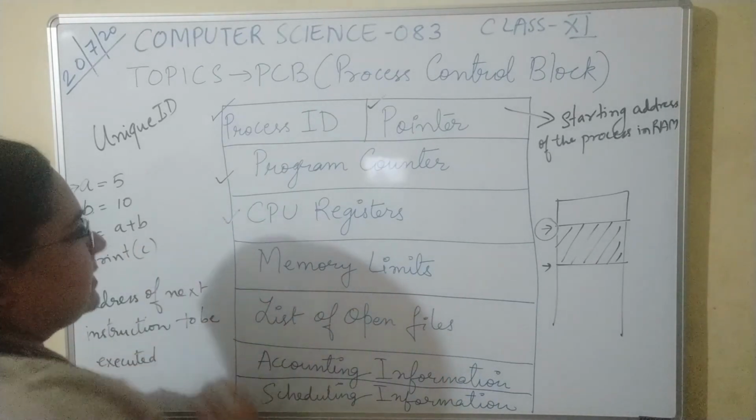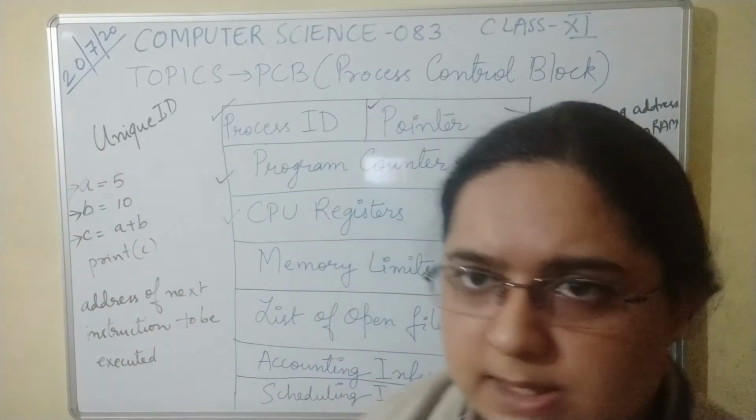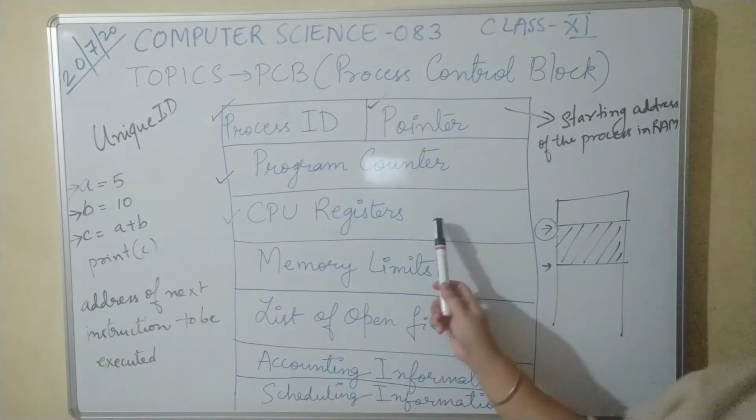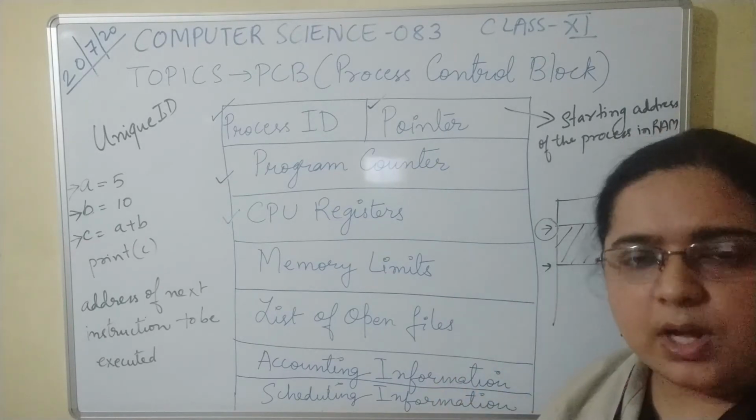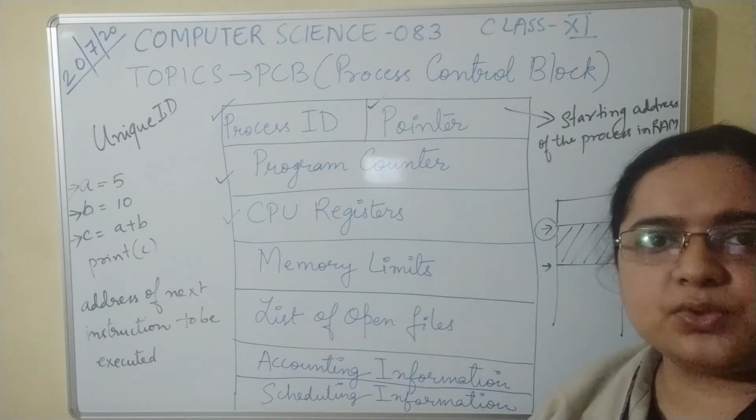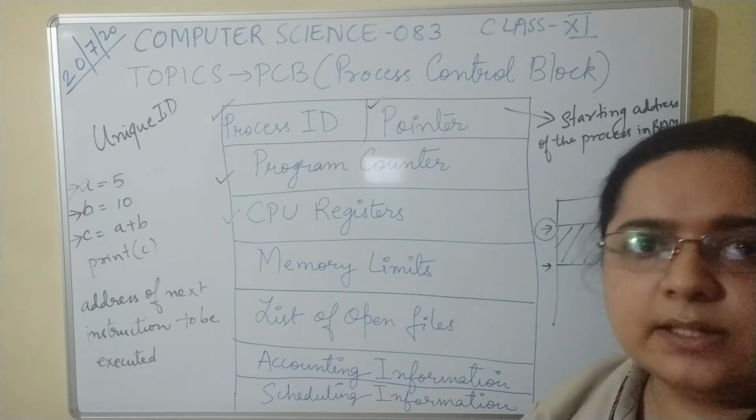Next is CPU registers. Students, we had already seen what are CPU registers. They are high speed memory cells which are there in the CPU and which the CPU uses for storing results of intermediate calculations.